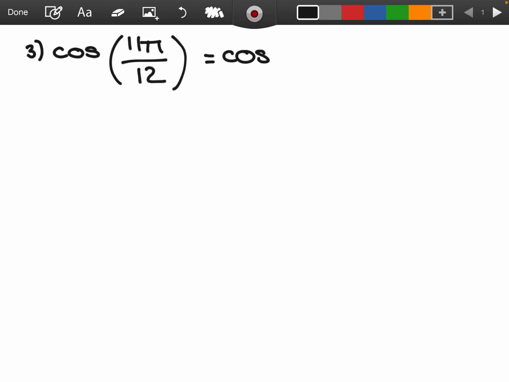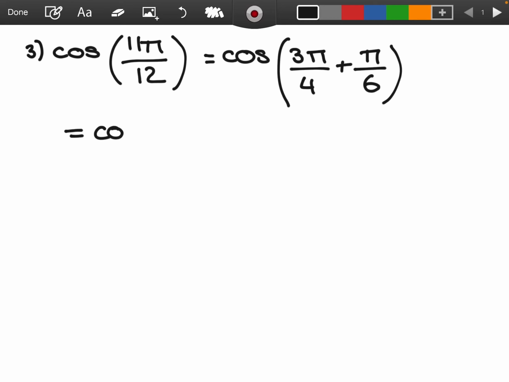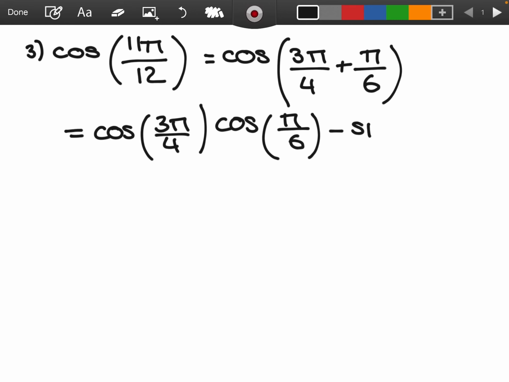Turns out that 11 pi over 12 would be 3 pi over 4 plus pi over 6. So I can use that cosine sum formula in order to find what cosine of 11 pi over 12 is. So it will be cosine of 3 pi over 4, cosine of pi over 6, minus sine of 3 pi over 4, sine of pi over 6.